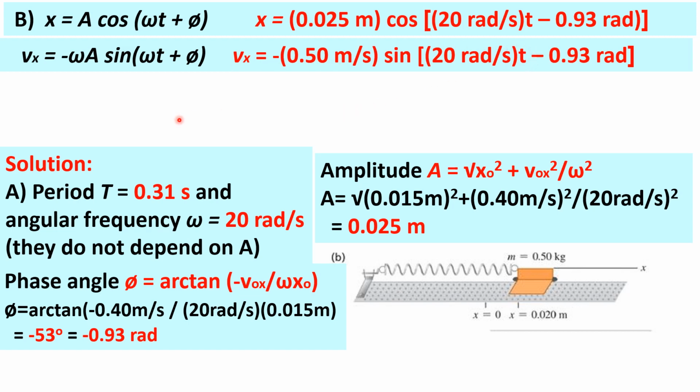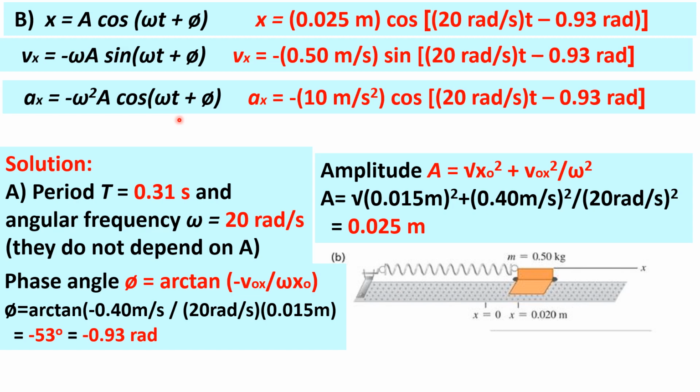And finally, for acceleration, the equation is ax equal to the negative of omega squared multiplied by the amplitude and the cosine of the quantity omega t plus the phase angle phi. Substituting again, we have negative 10 meters per second squared as the result of multiplying omega squared and the amplitude.